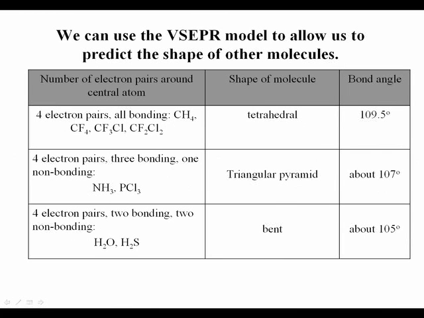All right, well, here's an example. We can predict the shape of other molecules. So we have CH4, and now we can predict the shape of all of these. They're all going to be tetrahedral. Now, here are the 2 others that start off with 4 areas of high electron density. So we've got 4 electron pairs. But in this case, 3 are bonding, 1 is non-bonding.